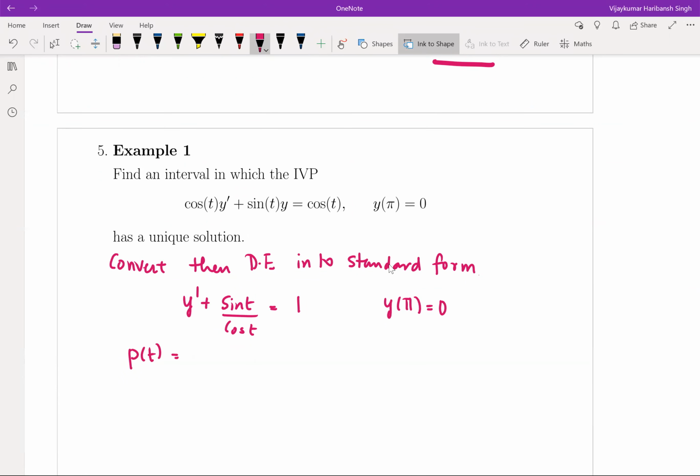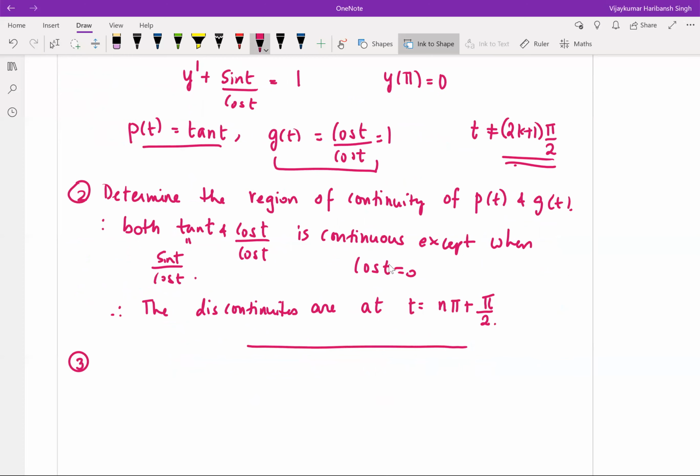So these are the discontinuities. You can think about it in the following way. Discontinuities are at, say, minus pi by 2, then pi by 2, then 3 pi by 2, and so on.